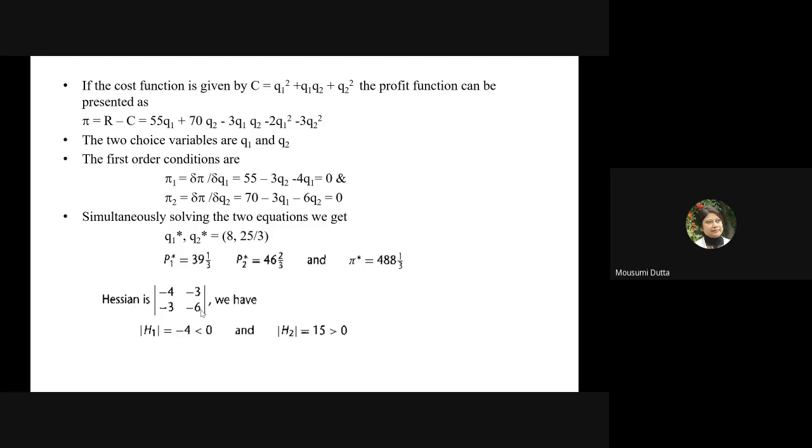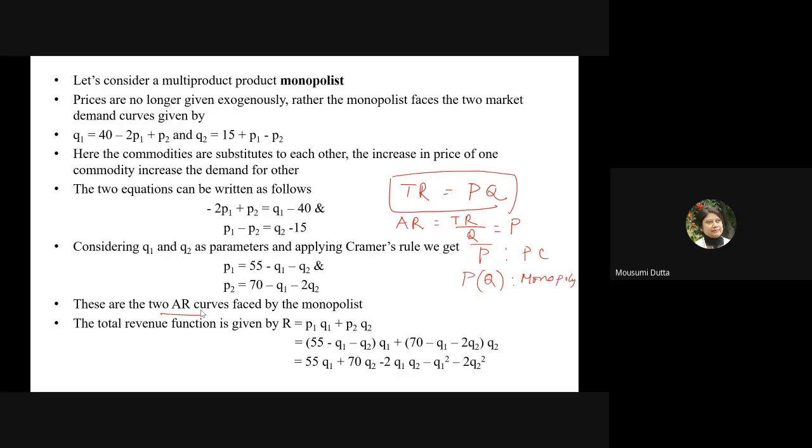So everybody is getting this profit equation using the revenue and the cost expression? Okay. So once you get this equation, you have to find out del pi by del Q1 that you set equal to 0, and del pi by del Q2 that you set equal to 0, and find out Q1 star and Q2 star.